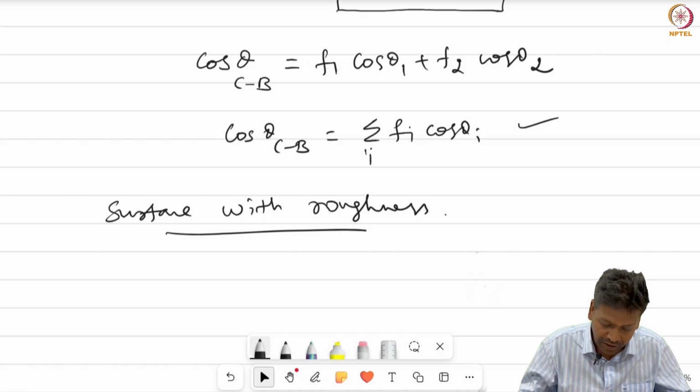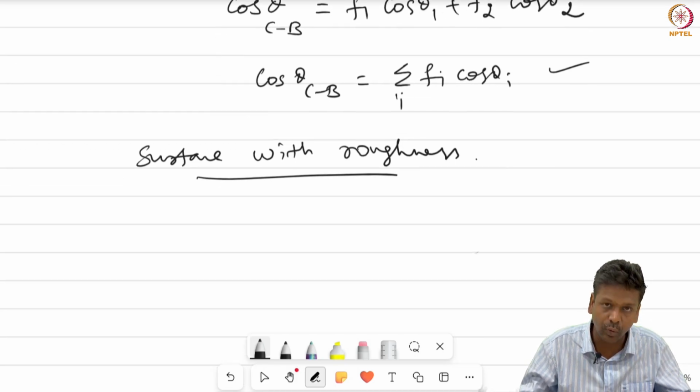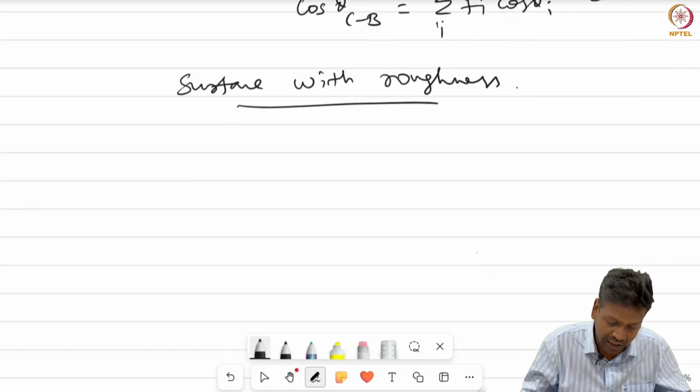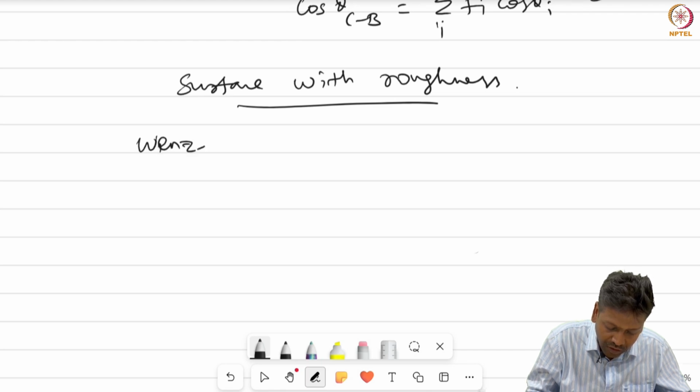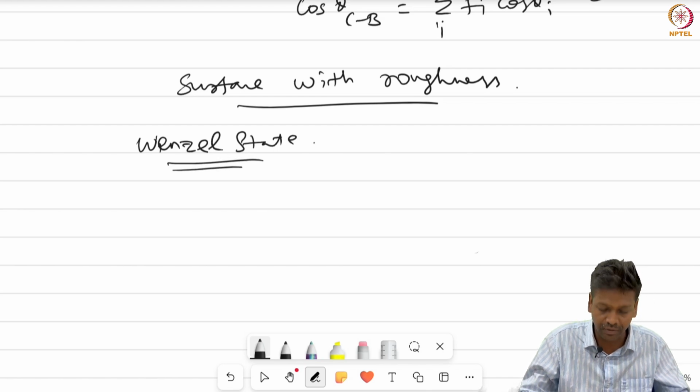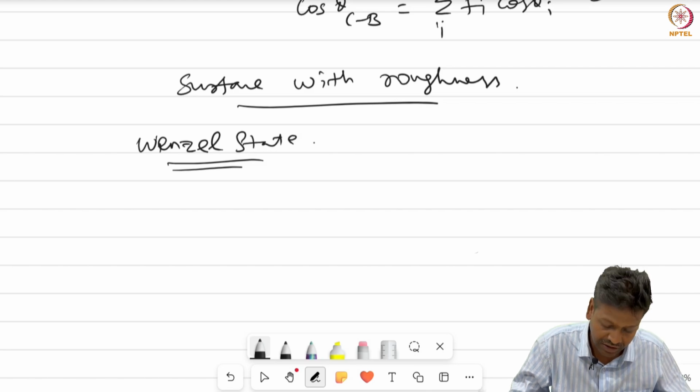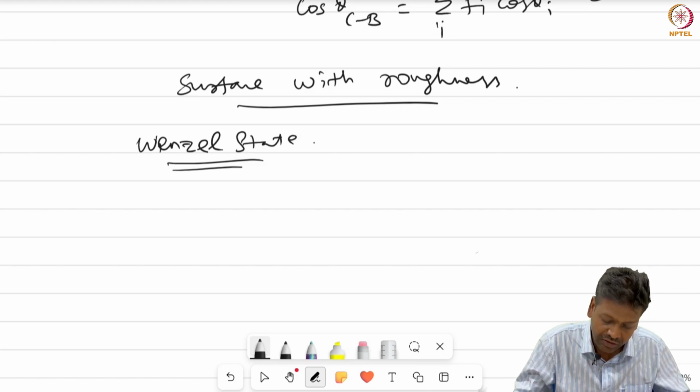The next one that we will deal with is the surface with roughness. In this case, what we will have is the Wenzel model, the Wenzel state. So what does it represent? What it says is that let's say you have a surface with roughness.